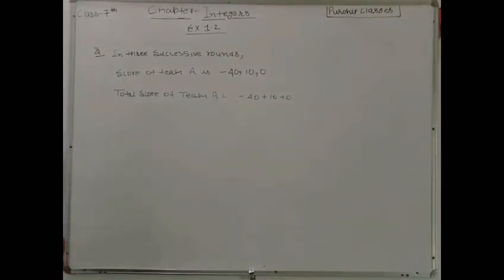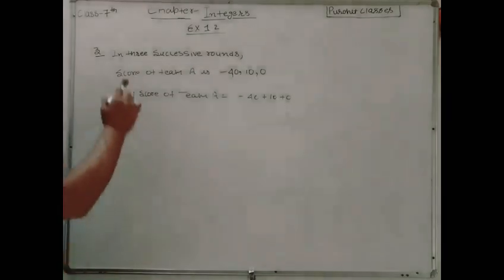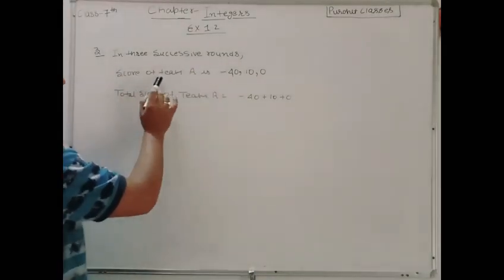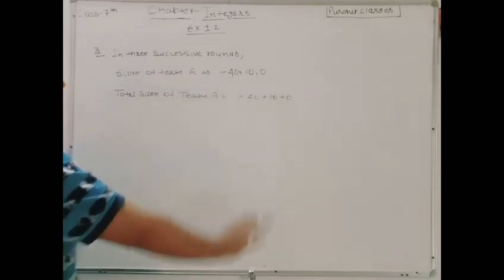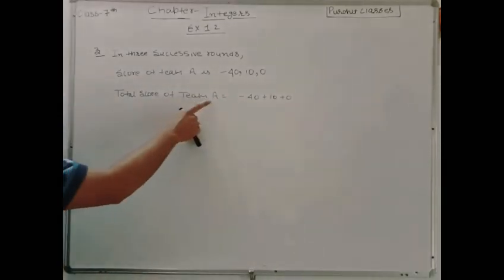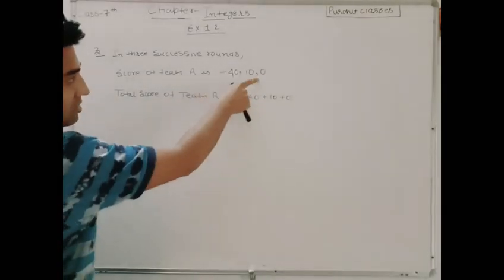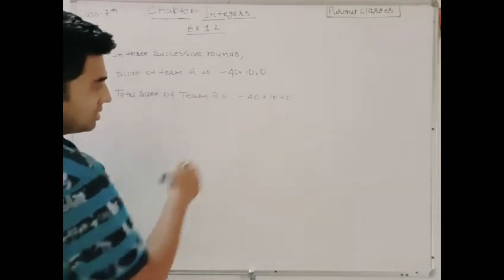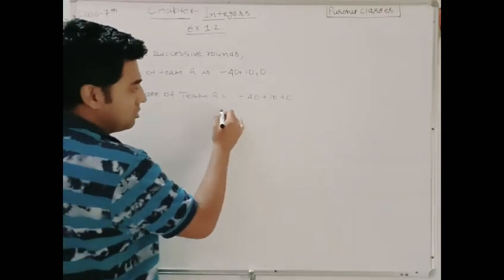Now the question is asking, which team scored more? To find the answer to this, first we will have to calculate the total score of team A in the 3 successive rounds. So here I have written, in 3 successive rounds, the score of team A is minus 40, 10, 0. So the total score of team A is given by the sum of these scores, minus 40 plus 10 plus 0, and let us solve it.